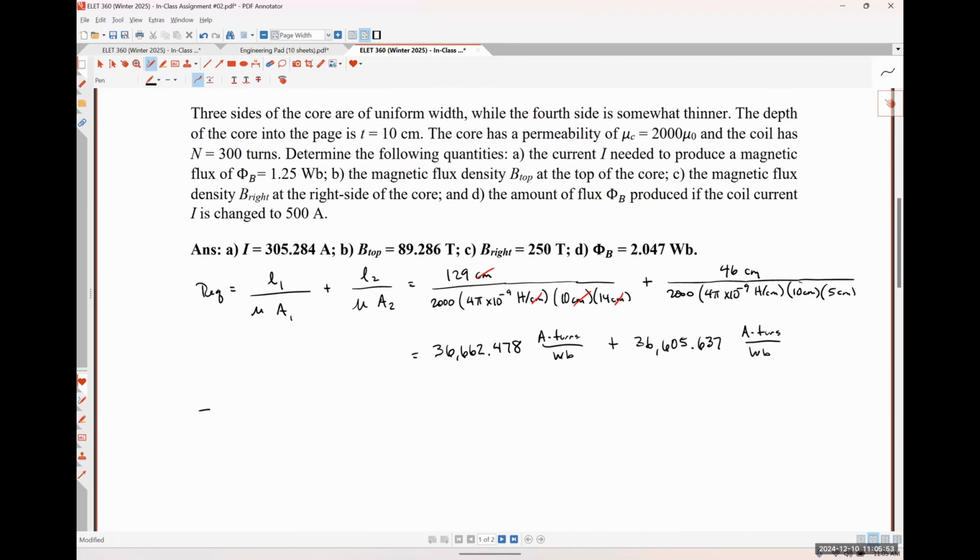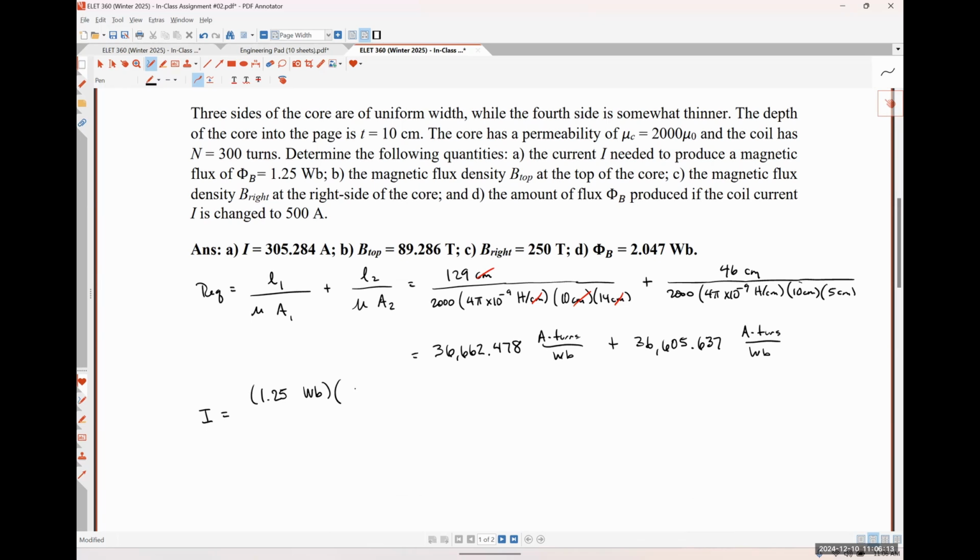So our current I is going to be our flux of 1.25 Webers times our reluctance.